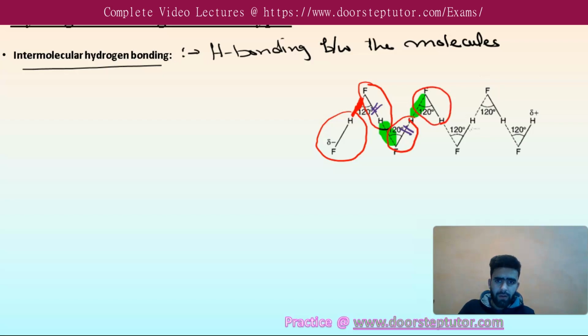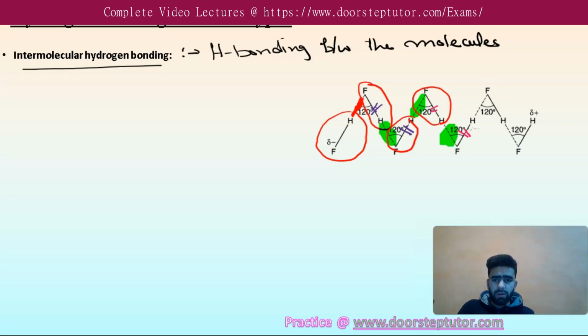Similarly, there is another hydrogen bond between this HF molecule and this HF molecule. And here there is another hydrogen bond between this HF molecule and this HF molecule. This type of hydrogen bonding which occurs between two molecules is called intermolecular hydrogen bonding. HF is an example of intermolecular hydrogen bonding.